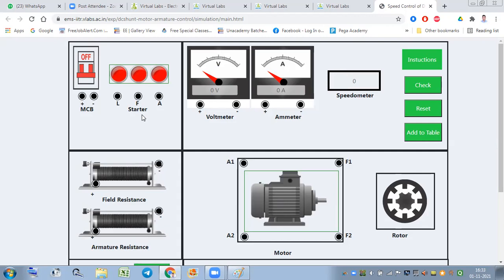We all know that when starting a DC motor, more current is drawn from the supply, so we use the starter so that the starting current is controlled and the motor does not draw a huge amount of current. If we connect the starter in between, the starter does not allow a high amount of current from the supply to the motor. So for safety precaution, we are using the starter.